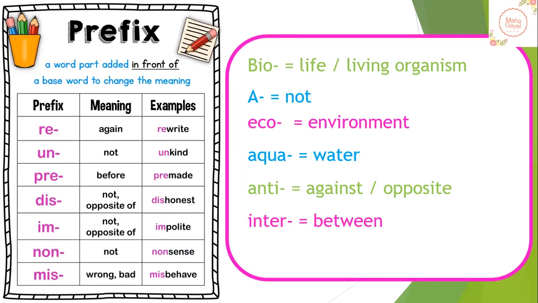Now let's go on with the word inter, which means between. Okay? Inter means between. Finally, we have the prefix amph. Okay? It's a Latin prefix. Okay? It means to or both or on both sides, like the word amphibians.